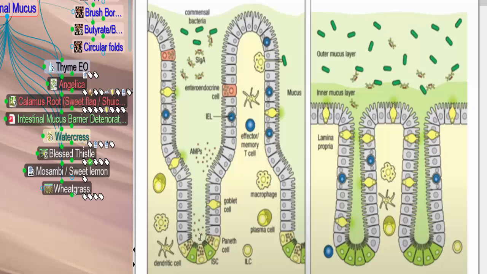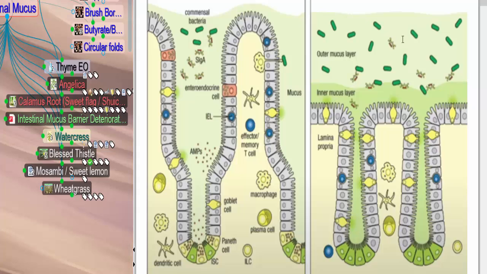It goes all the way down to the crypt. We can see commensal bacteria up here at the top, and that's where they kind of make a home and a biofilm to live in. We've got these little things called secretory immunoglobulin A, or IgA. We'll talk about that in a minute. So some of them are floating around in this mucus.